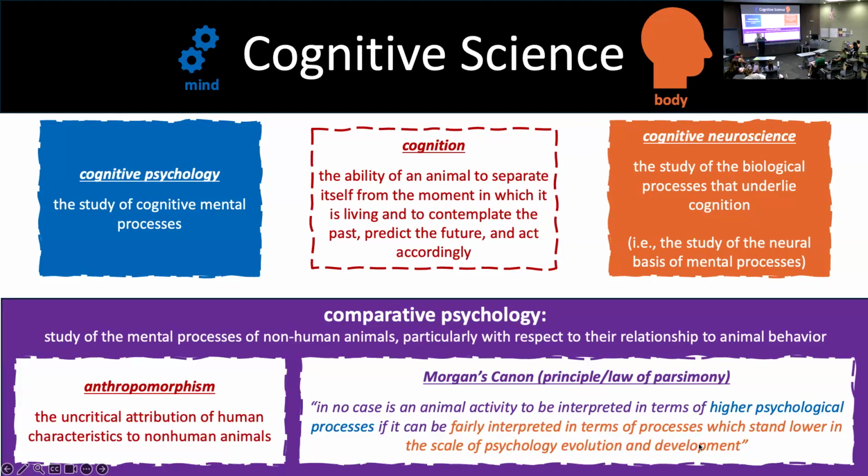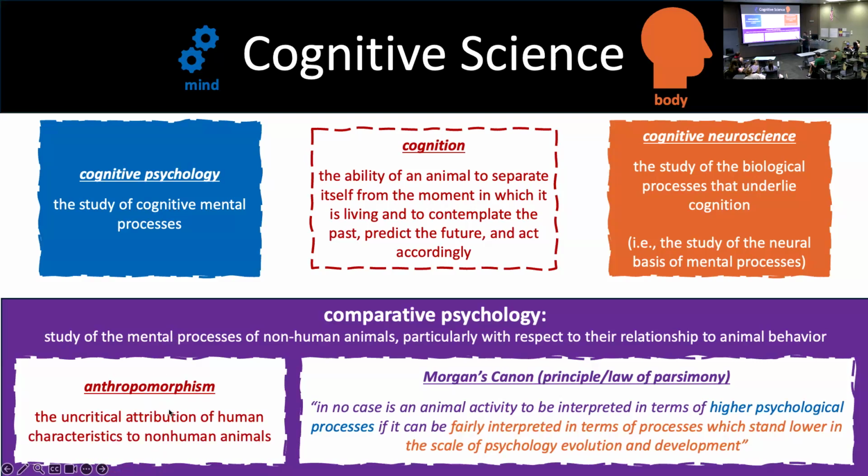So the idea is that if you have a more parsimonious explanation that does not require internal mental states, Morgan's canon would say that's the one you should default to if you have no way to tell the difference. Why assume mental states if you don't need them? That's what Morgan's principle is. And this was largely a response to people's worry about people like von Uexküll talking about anthropomorphism.